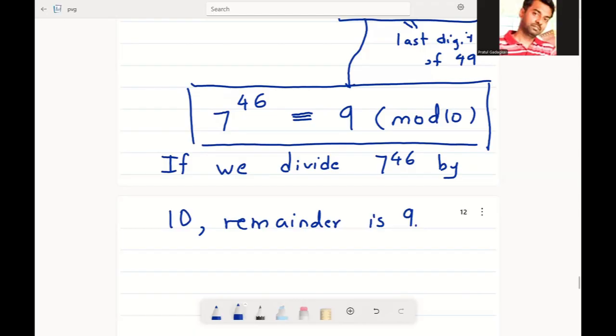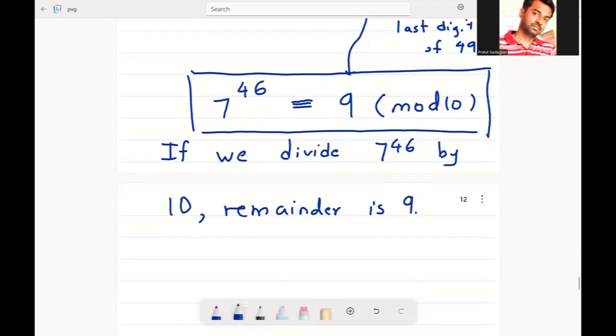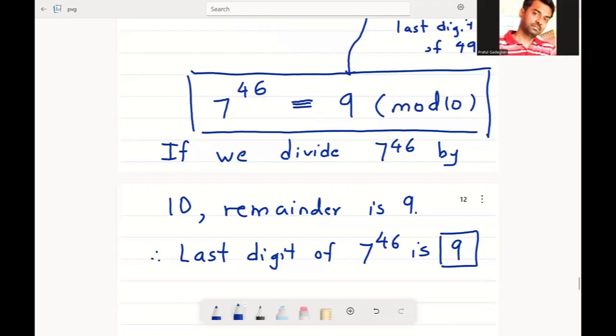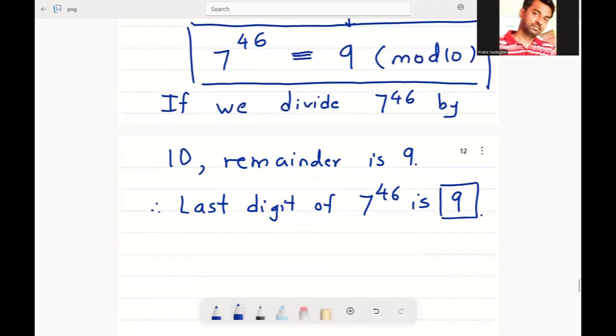If I'm dividing any number by 10, and I'm getting the remainder 9, it means the last digit is also 9. Therefore, the last digit of 7 raised to 46 is also 9. This is the way we calculate the last digits of such large numbers using Euler's theorem.